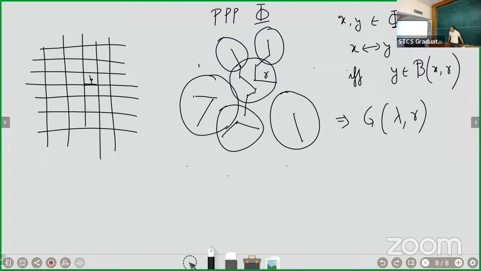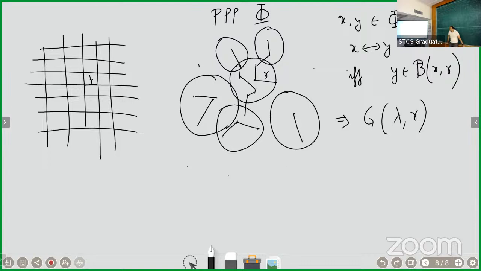So the first thing to notice is what is the expected number of neighbors for each point. Lambda times pi r square.